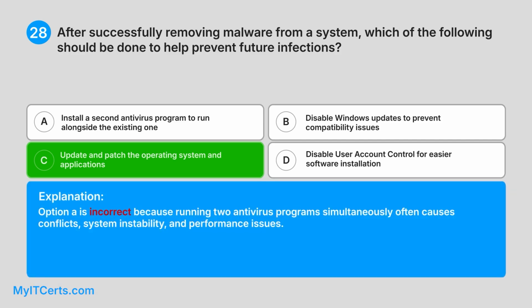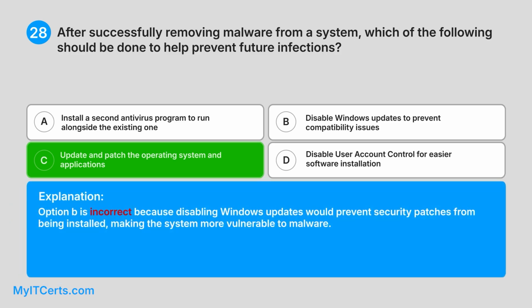Option A, install a second antivirus program to run alongside the existing one, is incorrect because running two antivirus programs simultaneously often causes conflicts, system instability, and performance issues.